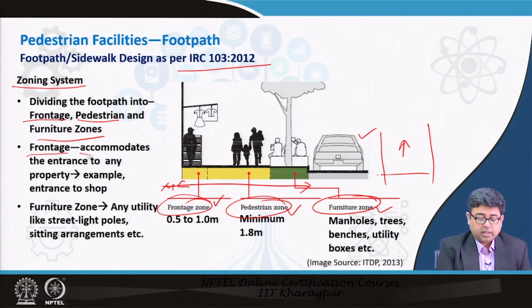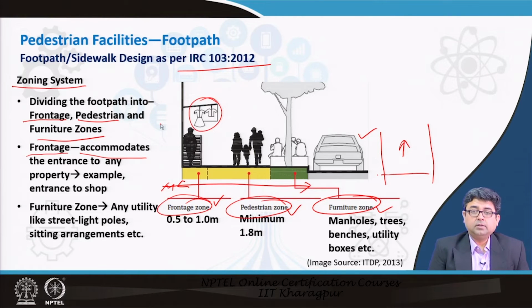So, what do you mean by a frontage zone? The frontage zone accommodates the entrance to any property, for example, the entrance to a shop. Maybe there is an entrance to a shop where there are clothes hanging, and that zone is called a frontage zone, which usually is anywhere between half a meter to 1 meter of your entire footpath.